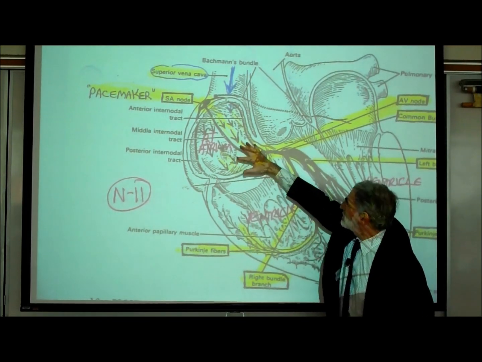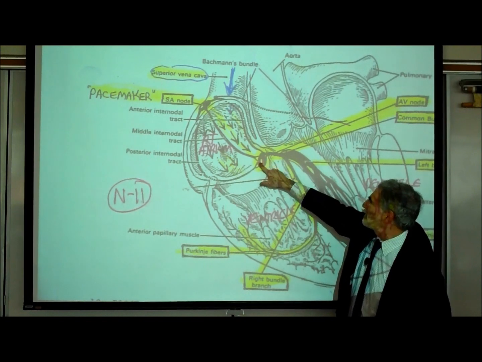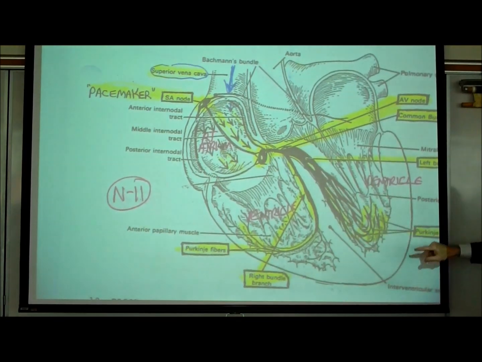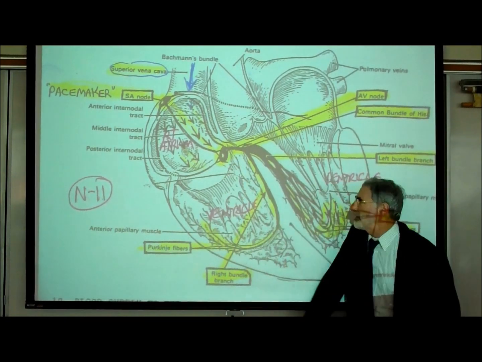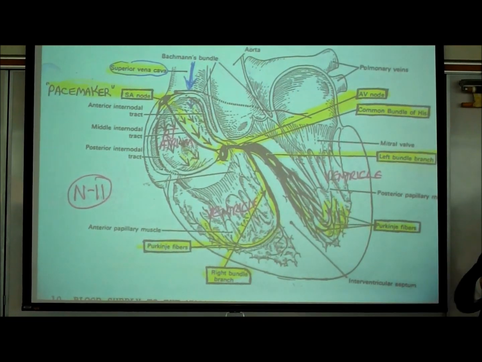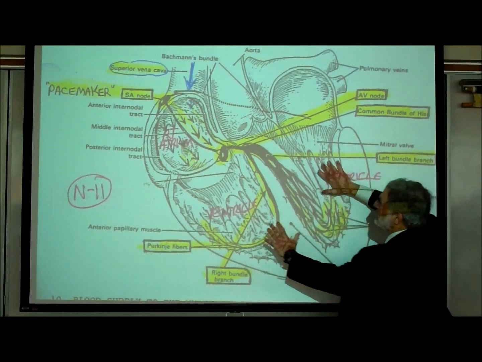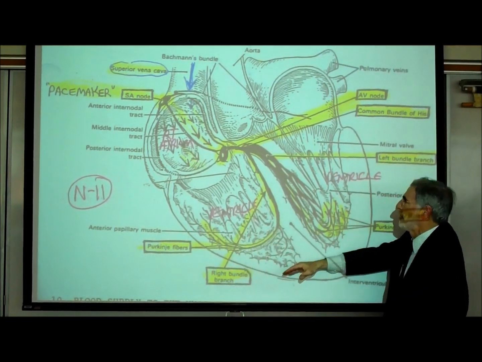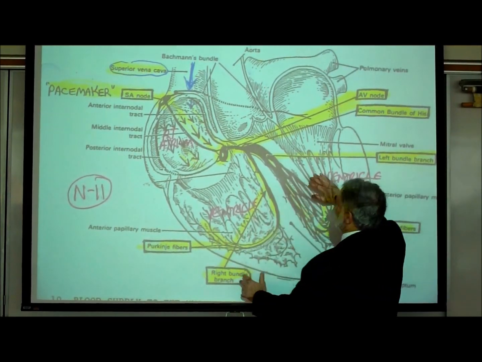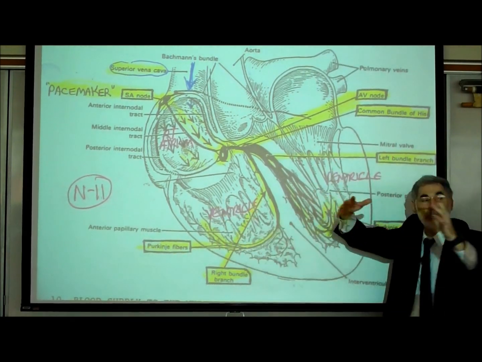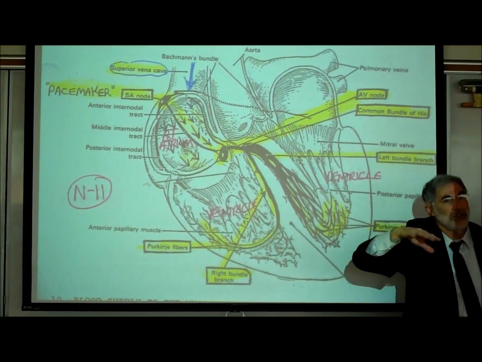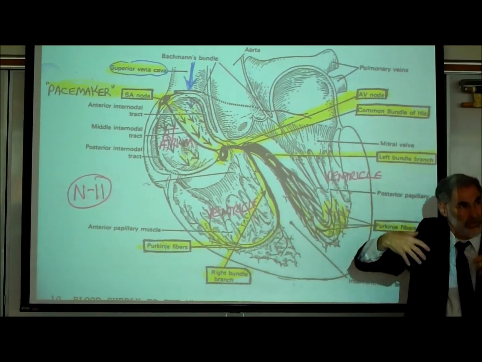And then it spreads into this area called the AV node. It's written right here, AV node, the atrioventricular node. Now, where is this AV node located? In this cutaway view, this is the left ventricle, this is the right ventricle. Remember, right and left are opposite of ours as we look at our patient's heart from the front.